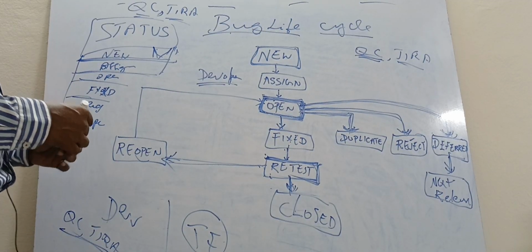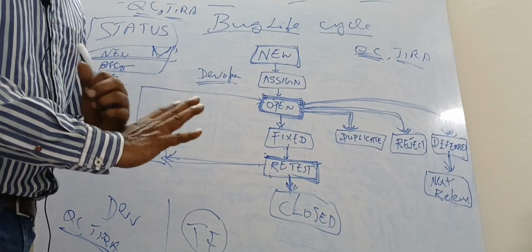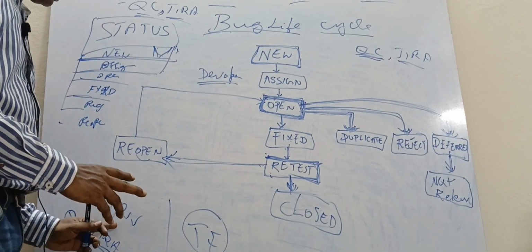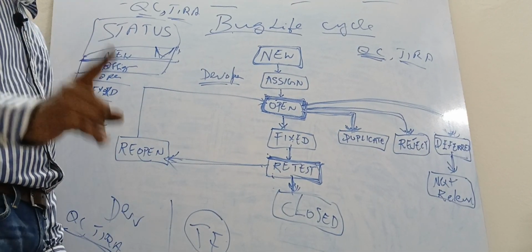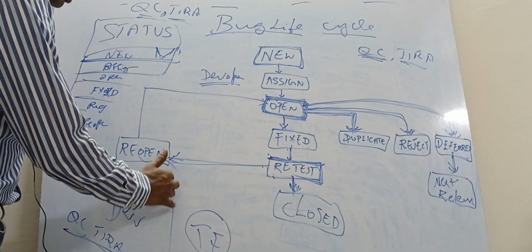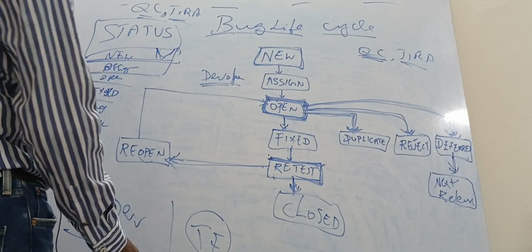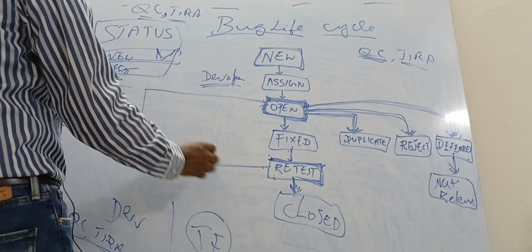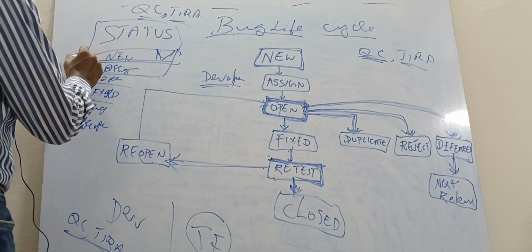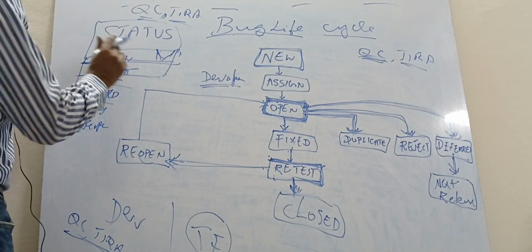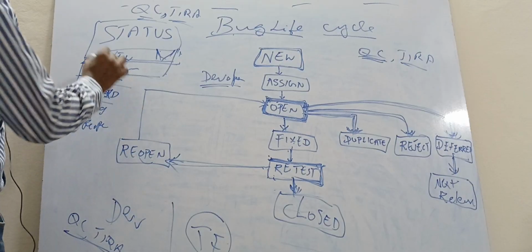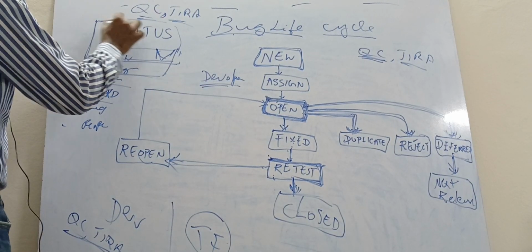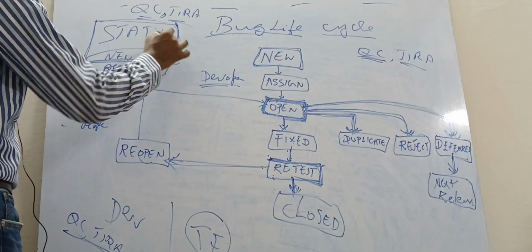There will not be direct interaction between the developer and test engineer. The tool is an interface. Whenever the test engineer has found a defect, he will put the status as new. In the defect tracking tool, one field you have is status.